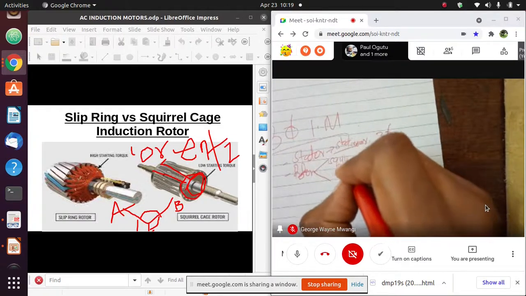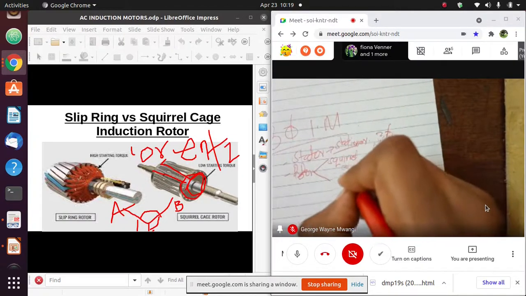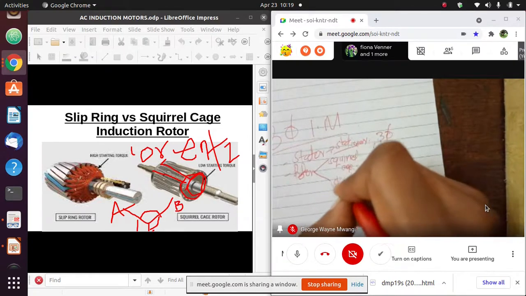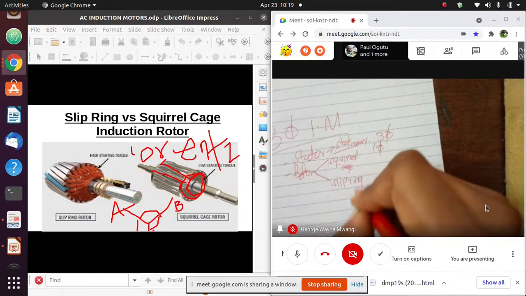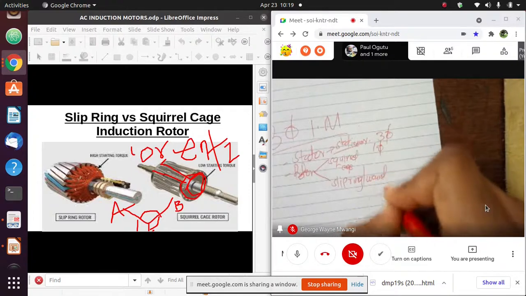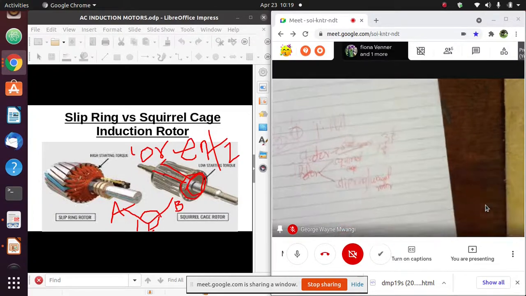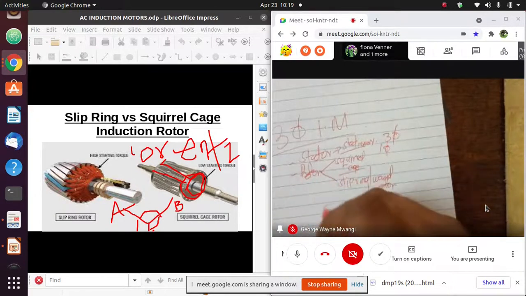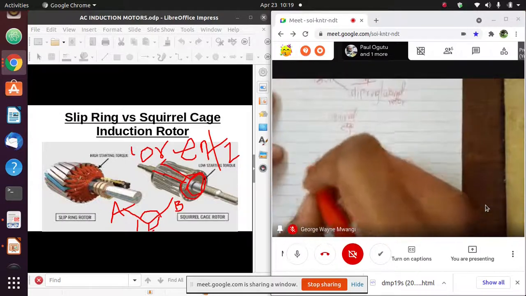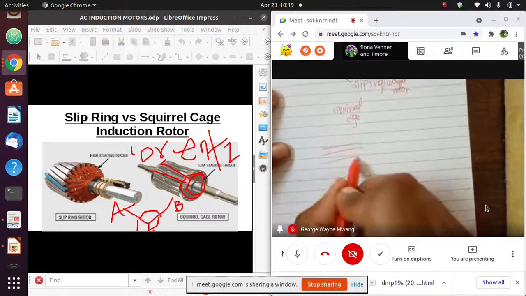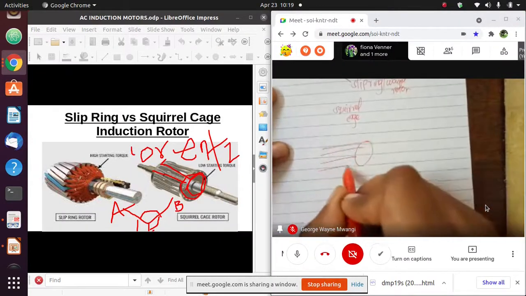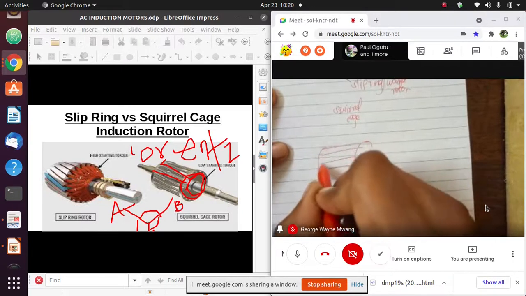We have the squirrel cage and we have the slip ring or wound rotor. The one that I was explaining is the squirrel cage. The squirrel cage has copper bars. The windings are in the form of copper bars.